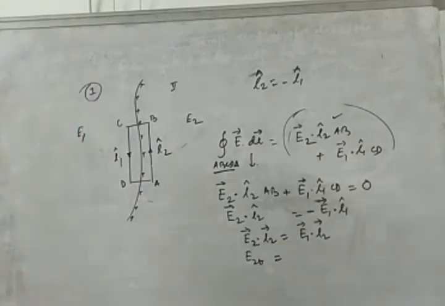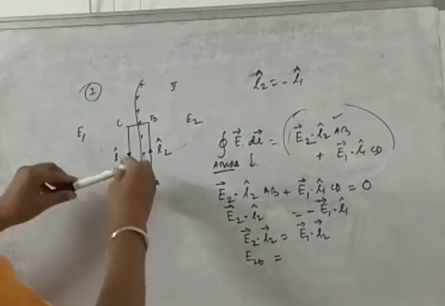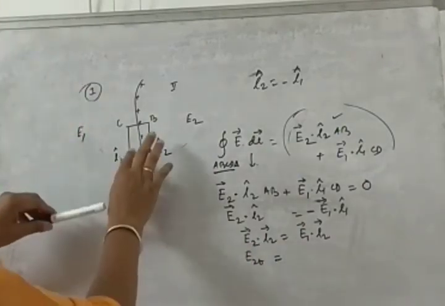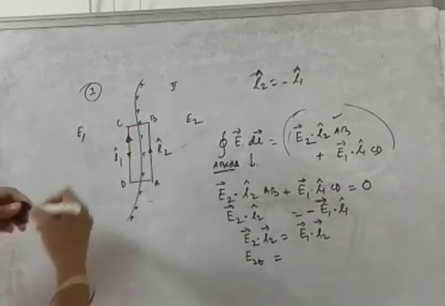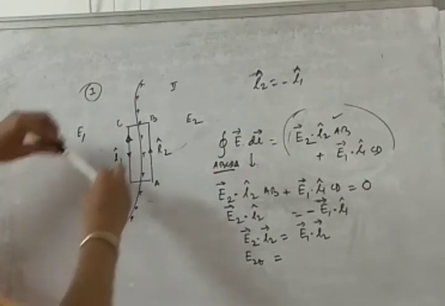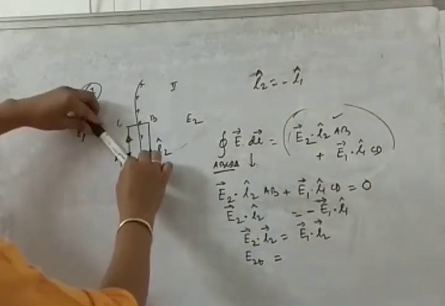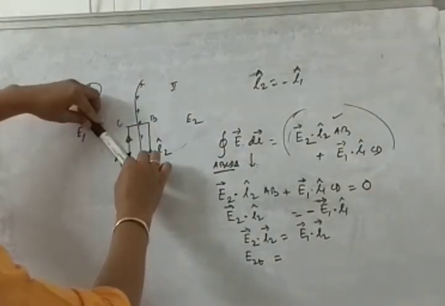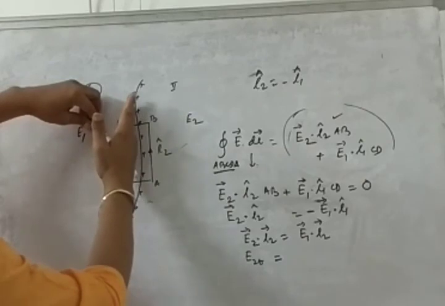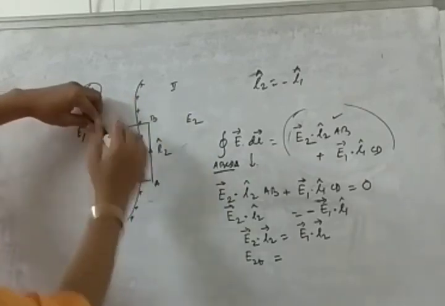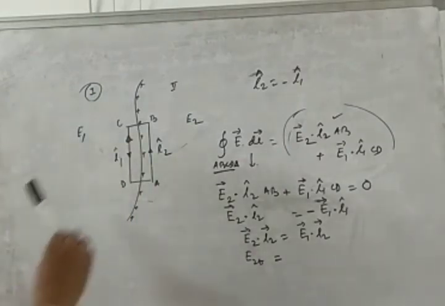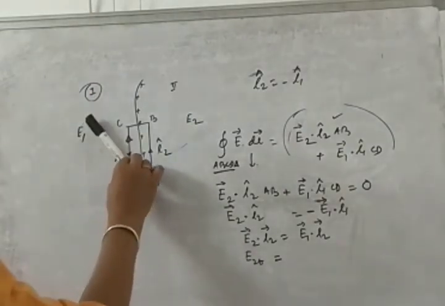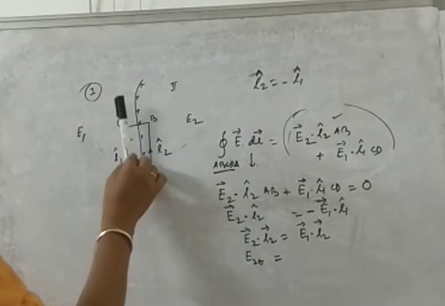And what is E1 dot L2? Say E1 is in this direction, and L2 is in this direction. So E1 dot L2 is nothing but the component of E1 along this path.